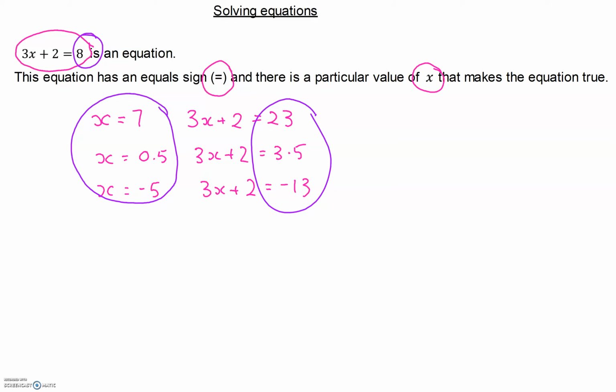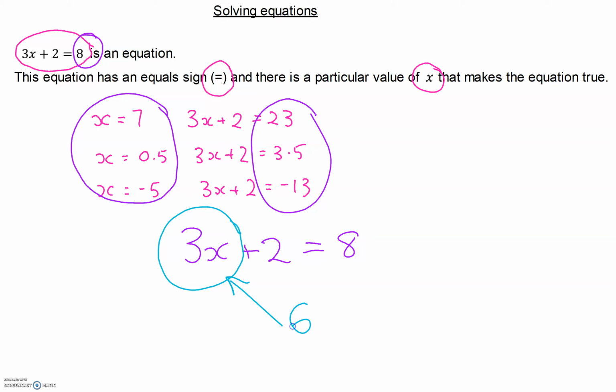Now, you may already be thinking that you know the answer. We're going to have a look at it. So 3x plus 2 equals 8. What this is telling us is that there is some value of x which, when it is multiplied by 3, so that we make it 3x, and we add on 2, we get to 8. So we can work out that the value of 3x must be 6.